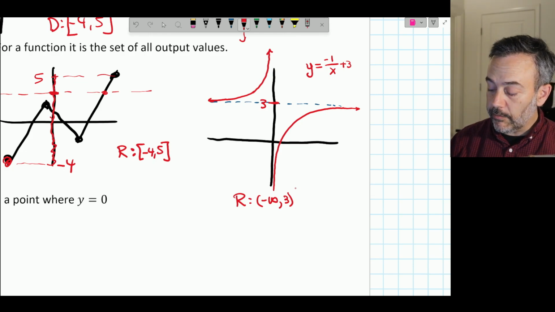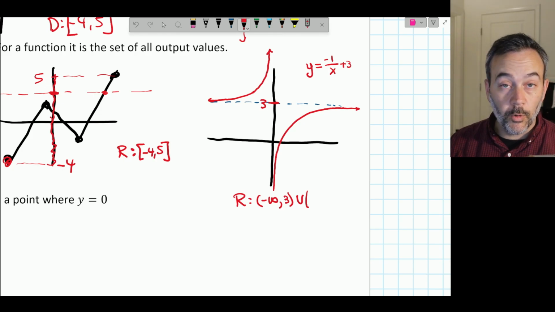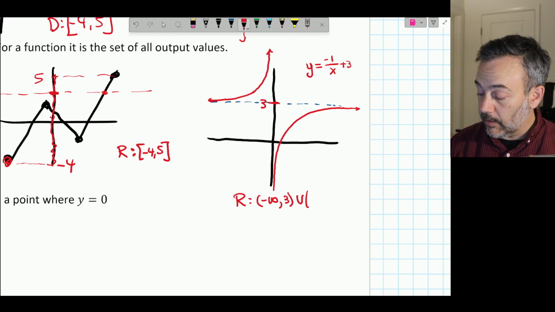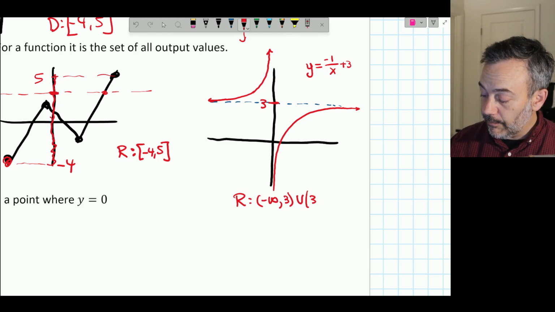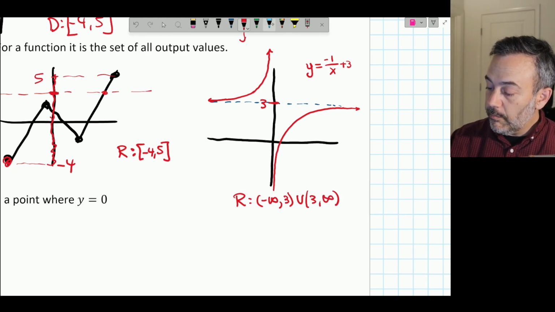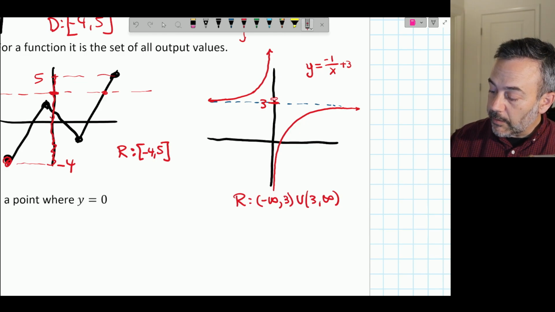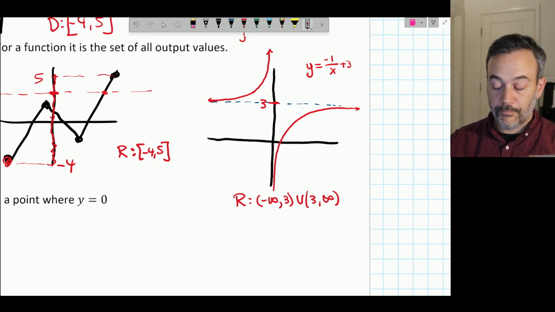And when you go past 3, there's graph at a height of 3.01, 3.1, etc., all the way up to infinity, as high as you want to go. Because any value I pick here, if I draw a horizontal line through it, it touches the graph somewhere. Y equals 3 is the only horizontal line that doesn't touch the graph.